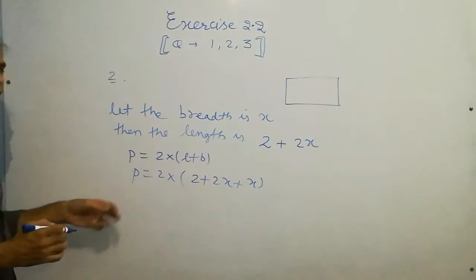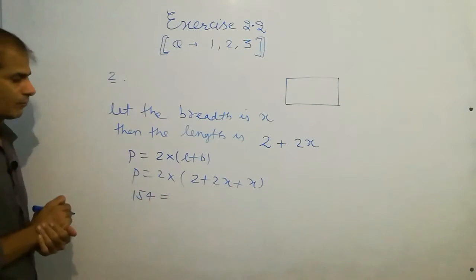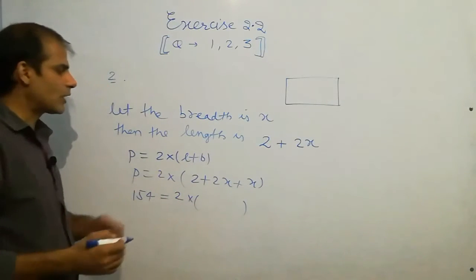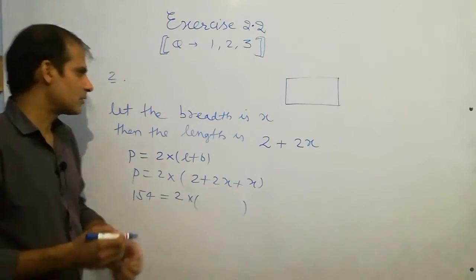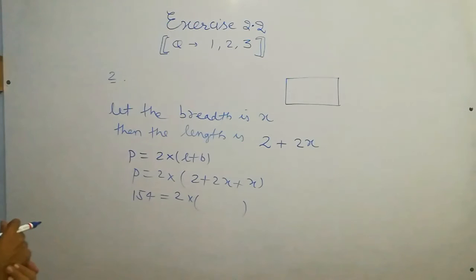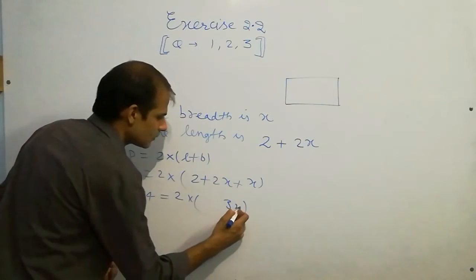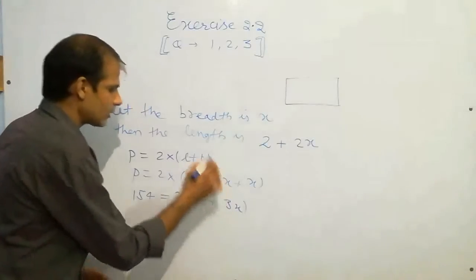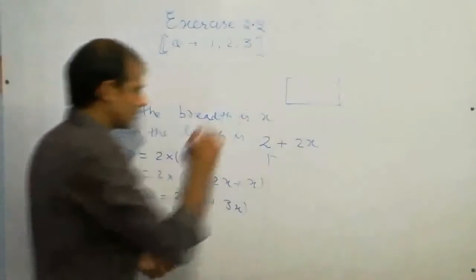So the value of P is given, it is 154. That is 2 into (2 plus 2x plus x). 2x plus x becomes 3x because these are like terms, and this 2 is as it is.